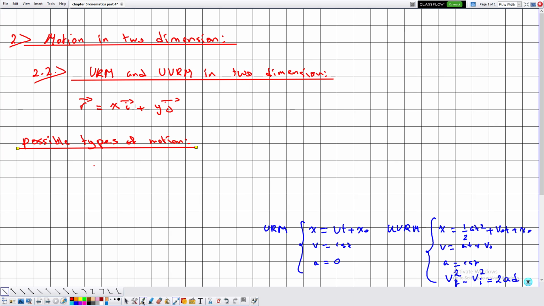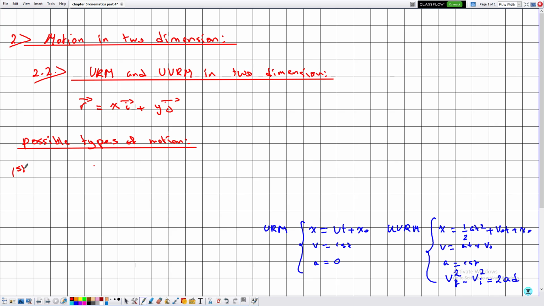If you consider the first case, URM along the x and URM along the y. The second case, URM along the x, whereas UVRM along the y.